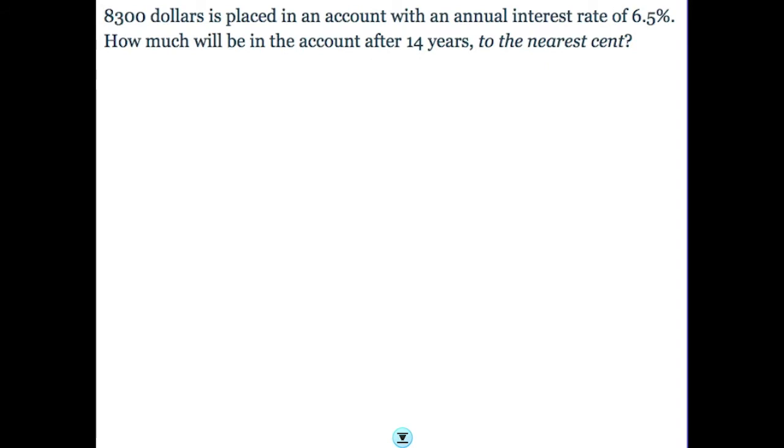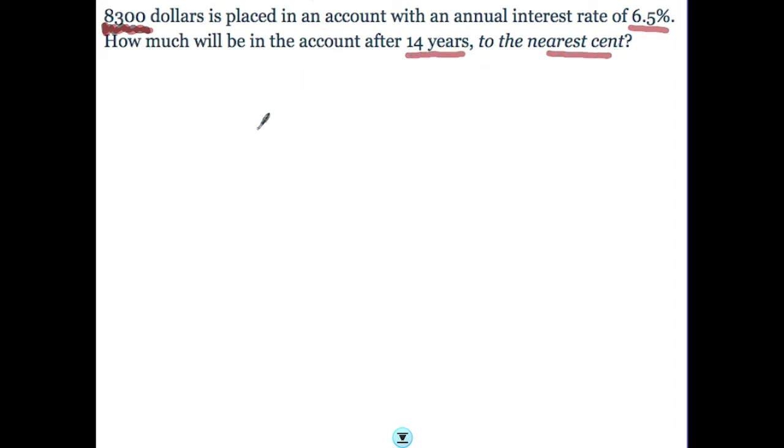Okay, let's do this one first. If $8,300 is placed in an account with an annual interest rate of 6.5%, how much will be in the account after 14 years, to the nearest cent?